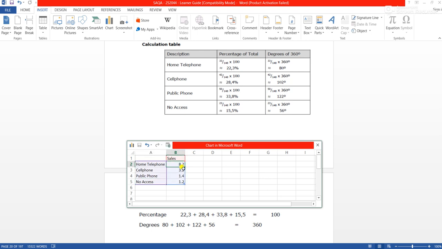So we've got 80, 102, 122, and also no access, which is 56.